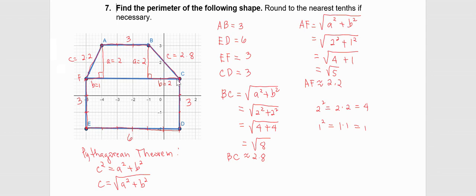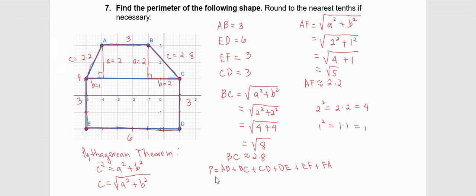We do not need the length of line segment FC because it is inside or in the interior of the polygon A, B, C, D, E, F. So the perimeter, therefore, of the given shape is equal to the length of line segment AB plus the length of line segment BC plus the length of line segment CD plus the length of line segment DE plus the length of line segment EF plus the length of line segment FA.